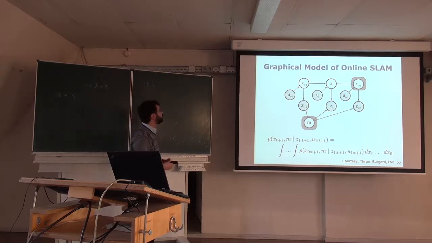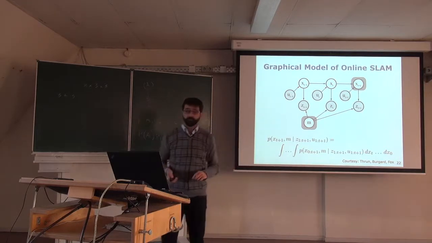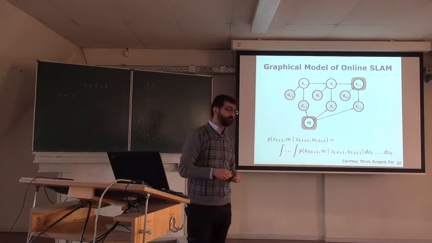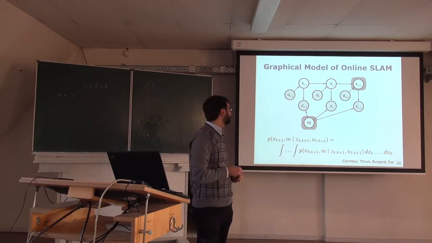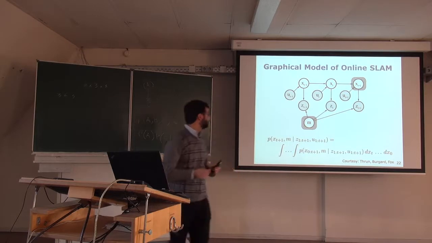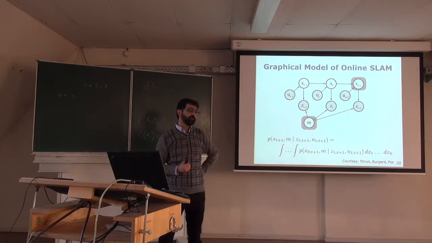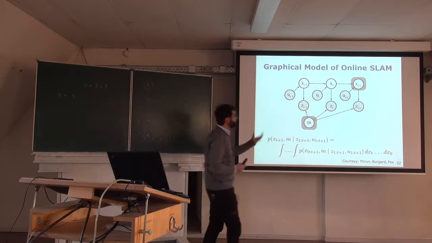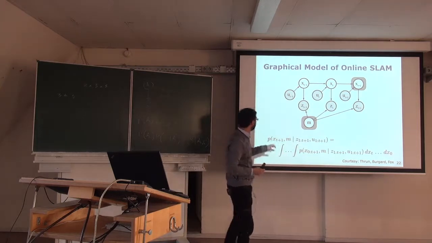Okay, that's good. In which cases is the online SLAM preferred to the normal SLAM? It's a good question. It depends on which algorithm you use. Let's put it differently.